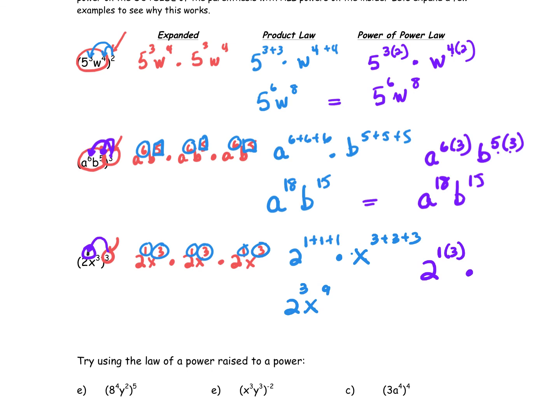Then I'm going to use the base of x, and inside it has a power of 3, and this outside power of 3 multiplies it. So we should have 2 to the third power, x to the 9th power. And either way we go, we get the same answer. This is quicker, and we prefer quicker.